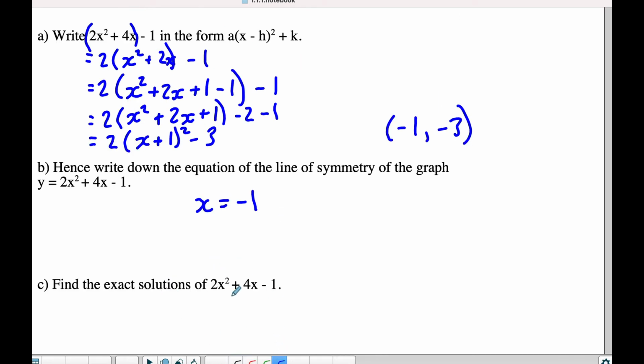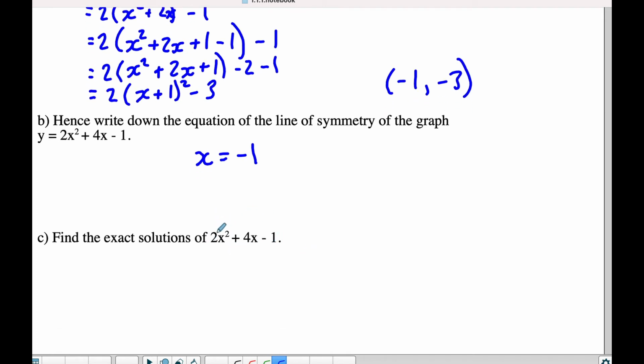Up to this point, we haven't reviewed the quadratic equation, but what we're going to need to do is use the quadratic equation to solve this problem, because this is too difficult to figure out any other way. So keep in mind that a here is equal to 2, b is equal to 4, and c is equal to negative 1.